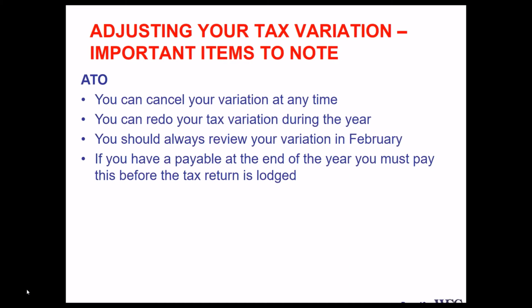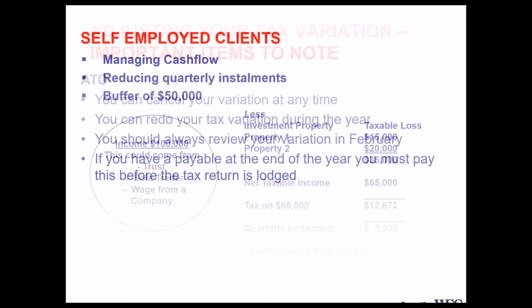Circumstances have changed, or you've forgotten to tell us. Diarise the 1st of February to always have that variation reviewed, because if you have tax payable at the end of the year, you've actually got to pay that tax before we lodge your return. Otherwise, you won't be able to do the variation the next year. So there are a few tricks of the trade when putting these variations together.